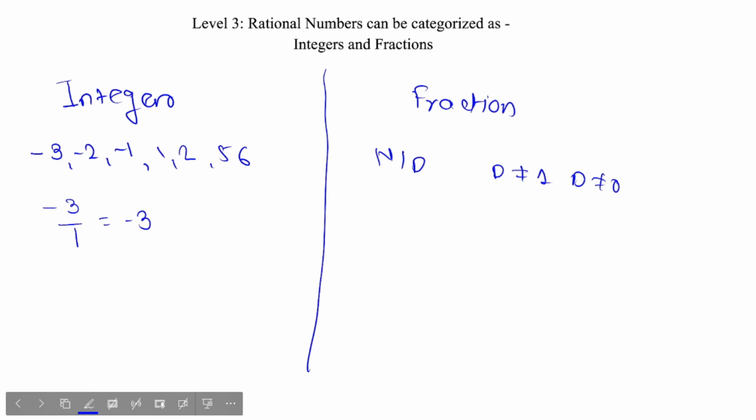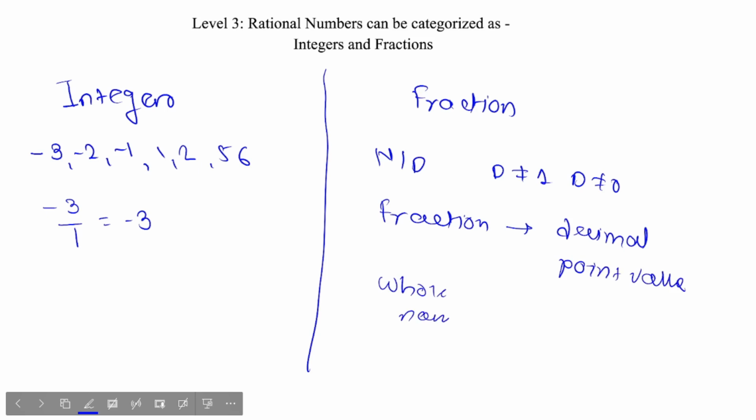It always has some fraction value, maybe a decimal value or any point value, because you are dividing a whole number or a complete number into parts, and that is called a fraction. So this is the basic difference between rational and fraction, friends.